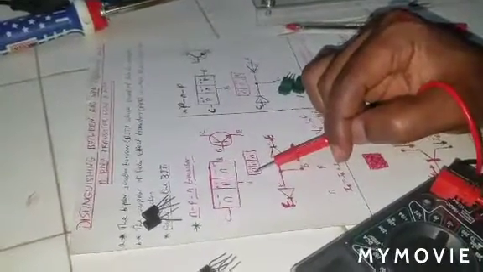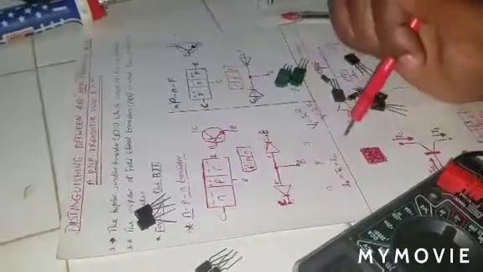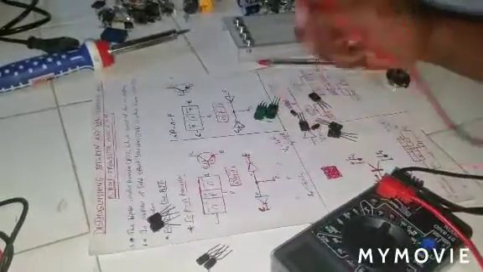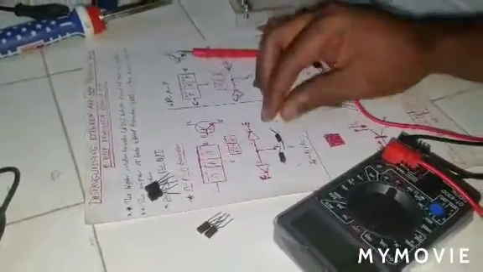We have a p-type here, and then two n-types. The n-types are like the negative terminals of the transistors. And in actual fact, transistors are fabricated by connecting two diodes either face to face or back to back.